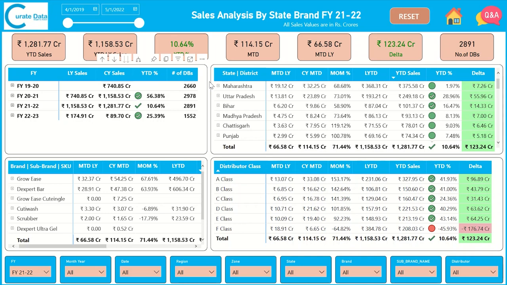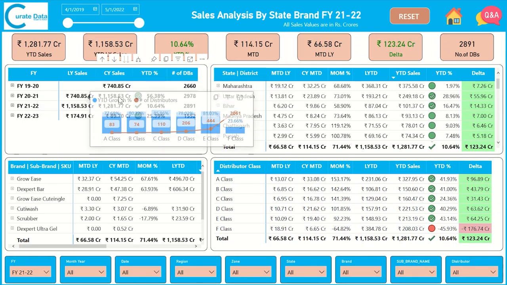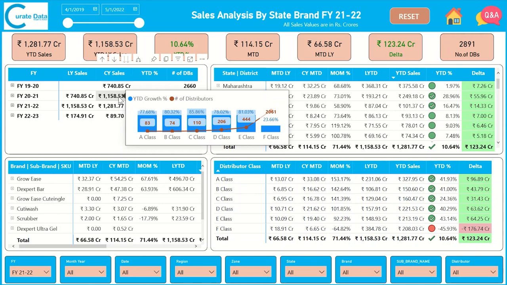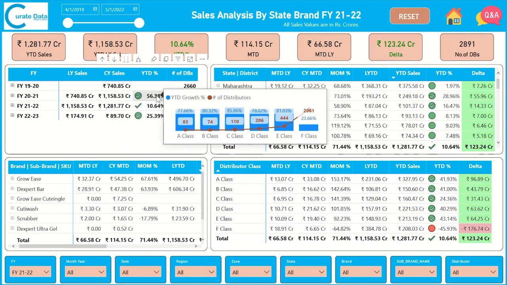Now, if I have to see the year-on-year sales growth or even sales for the company, I can use this data. I can see the financial year 1920, the company did the sales of 740 crores. Then 2021, the company did a sales of 1158 crores. The YTD percentage growth is roughly 56%.